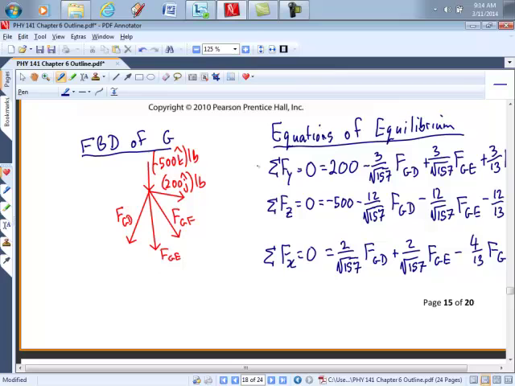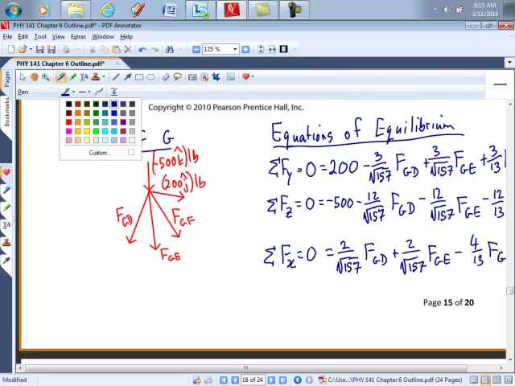So what should I multiply this first equation by? I think I'd multiply by root 157 over 3. Or we could start just by multiplying everything by root 157.